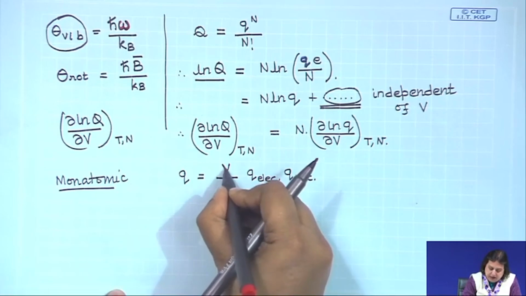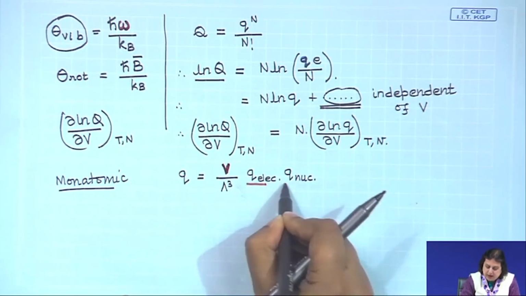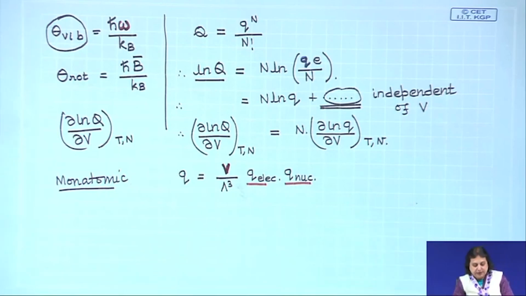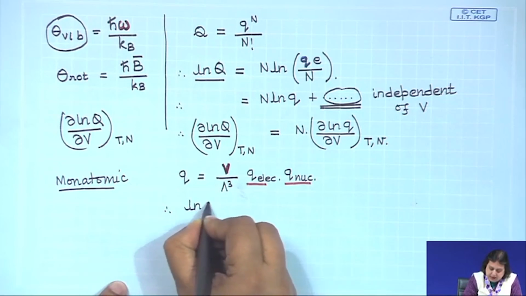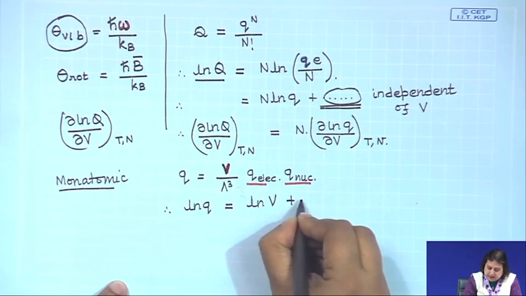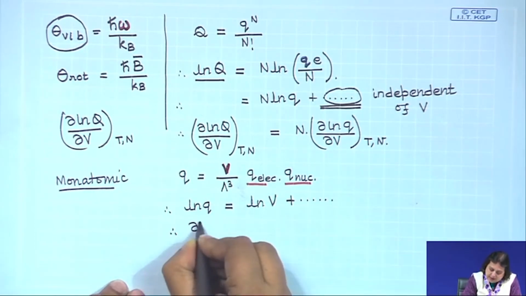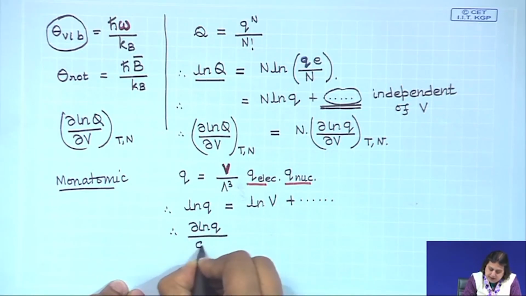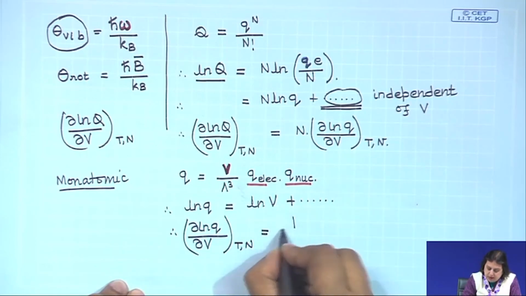The dependence on V appears through this explicit appearance of capital V. As a result, if I assume that q electronic and q nuclear are constant terms with respect to volume, in that case I can write ln q equal to ln V plus other terms that I need not be bothered about. And therefore, what is del ln q del V, keeping T and N constant? It now turns out to be 1 by V.